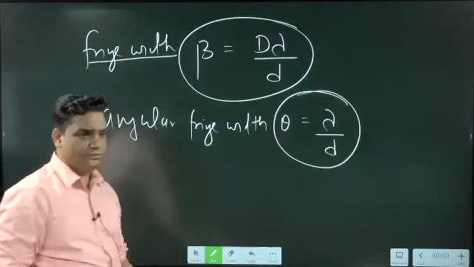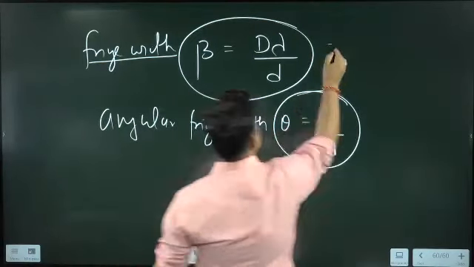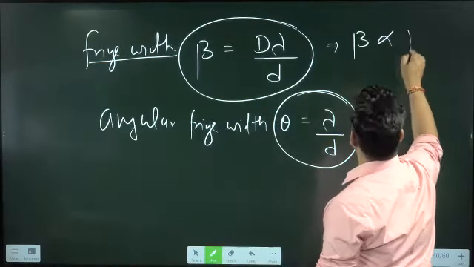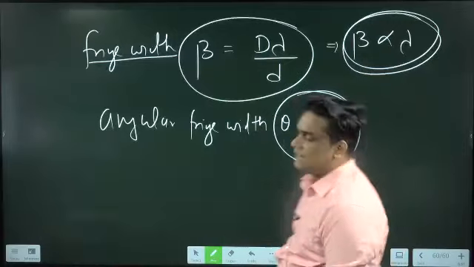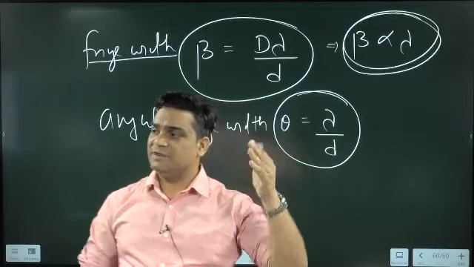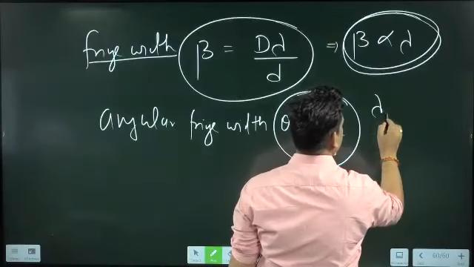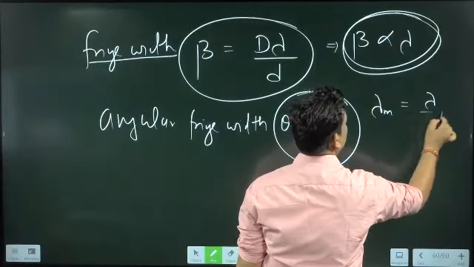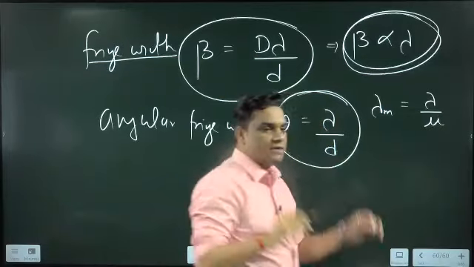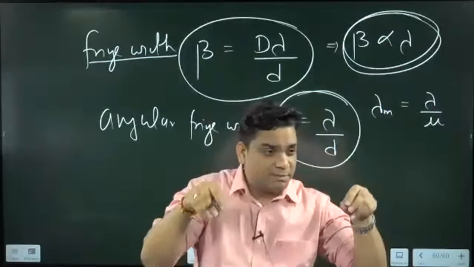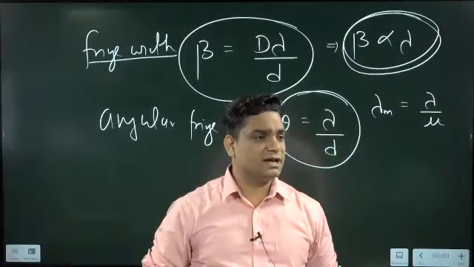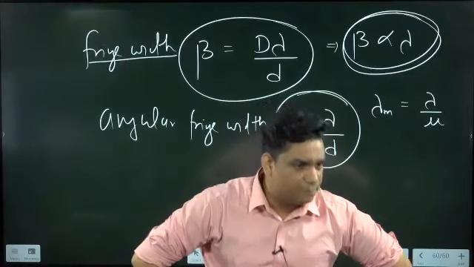You can say here beta is directly proportional to lambda. So if lambda is reduced in a medium, lambda in a medium is lambda by mu. If you are dipping this experiment in a medium like water or anywhere, then lambda in the medium will be lambda by mu.